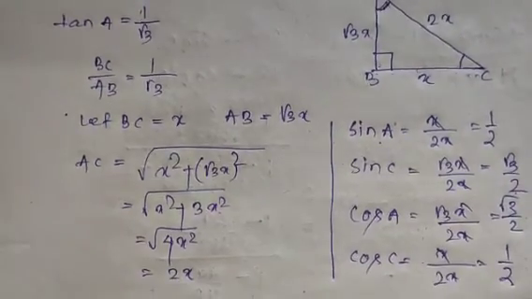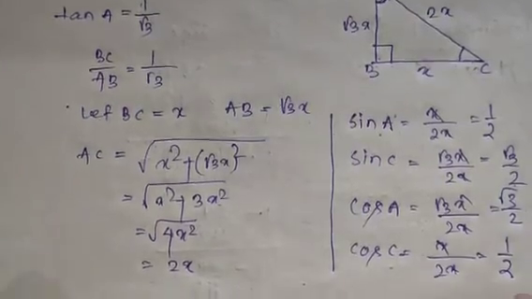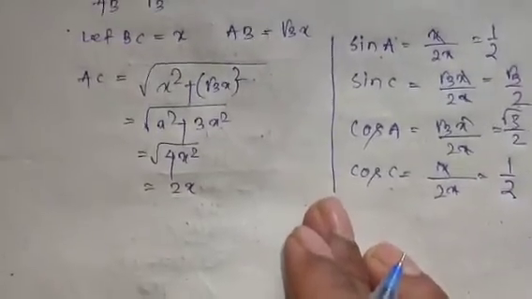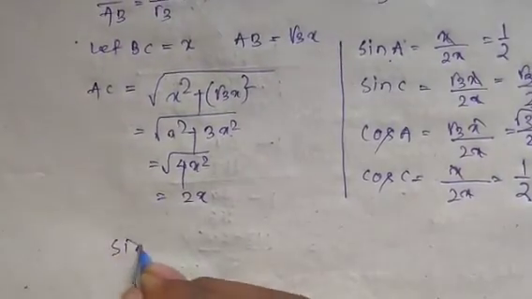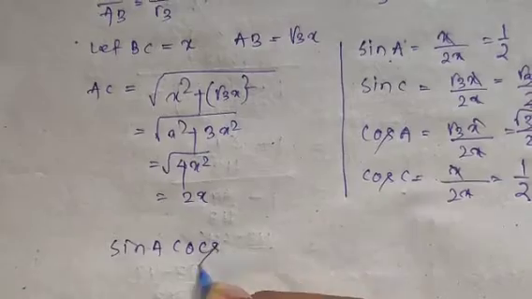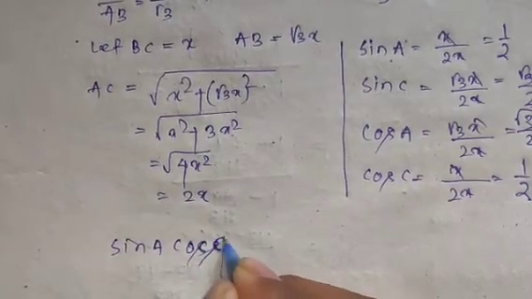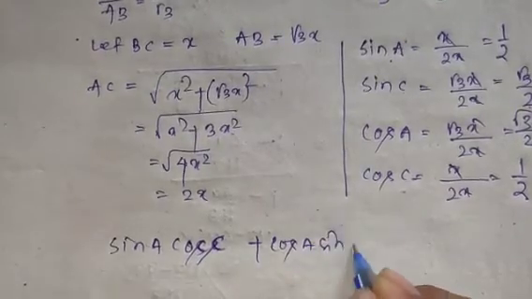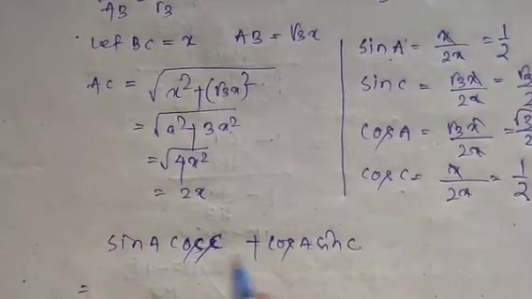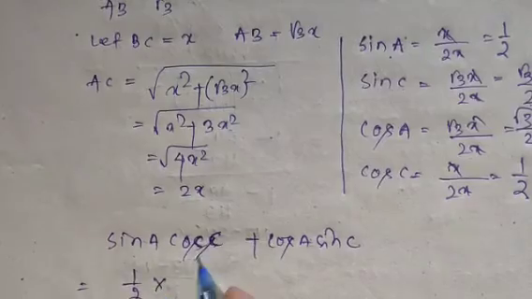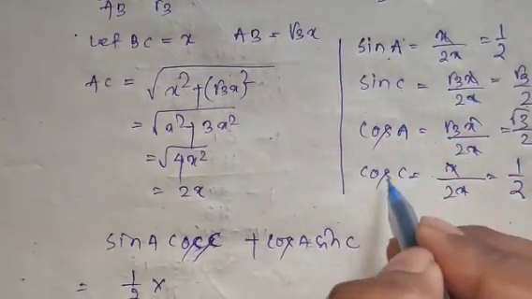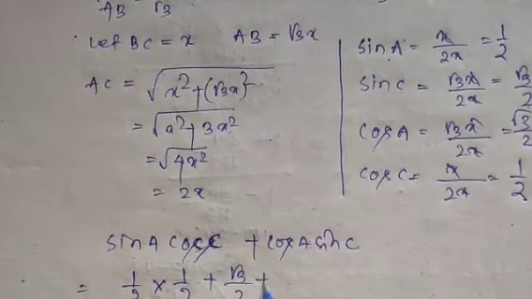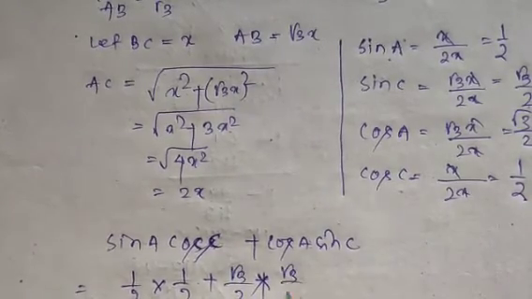Now putting all these values in the equation, we have given the equation sine A cos C plus cos A sine C. Putting all the values, sine A is 1 by 2 into cos C 1 by 2, plus root 3 by 2 into root 3 by 2.